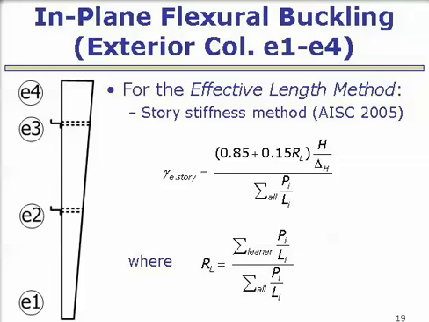R sub L, if you have a whole lot of leaning column effects, then R sub L goes to 1, 0.85 plus 0.15 R sub L goes to 1, and you essentially have no P small delta effect because everything's coming in from leaning column action. If you have a system where all the load is on the lateral load resisting moment frame members, R sub L goes to 0, you have a 0.85 term there that accounts, generally accurately to conservatively, for the P small delta on large delta. Okay, so that's how we can get our gamma for side sway buckling.